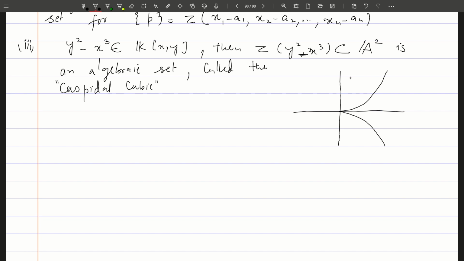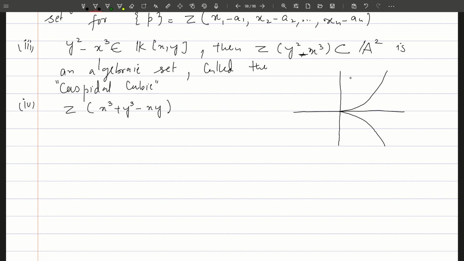We have another famous algebraic set, which is the zero set of the polynomial equation x cubed plus y cubed minus xy.